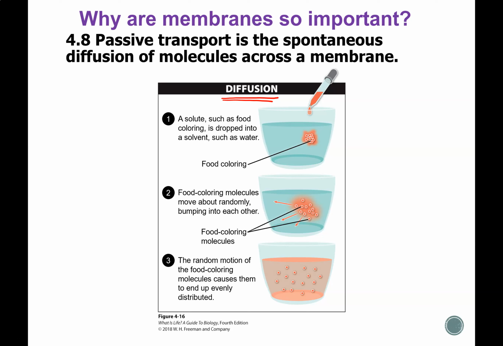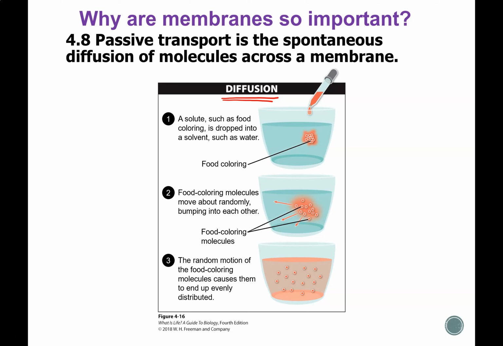So diffusion is actually the spreading of something out. So one of the ways that things enter and exit the cell is by diffusion. But diffusion does not have to cross a membrane for that to happen. Diffusion is simply spreading out from an area of high concentration to an area of low concentration.